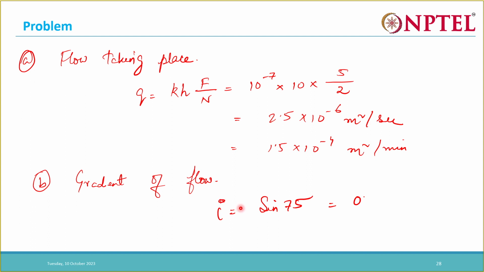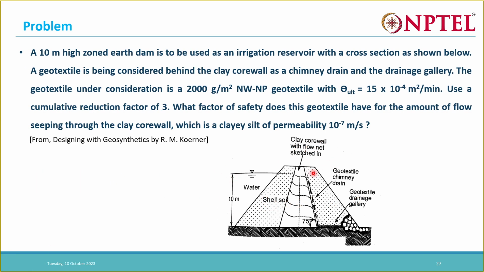And what is the gradient of flow? How to find the gradient of flow? This flow gradient is nothing but H by L. What is H? H is the water head and L is the length of flow. So here the length of flow is this inclined length where the cursor is moving, because the geotextile is placed along this length.